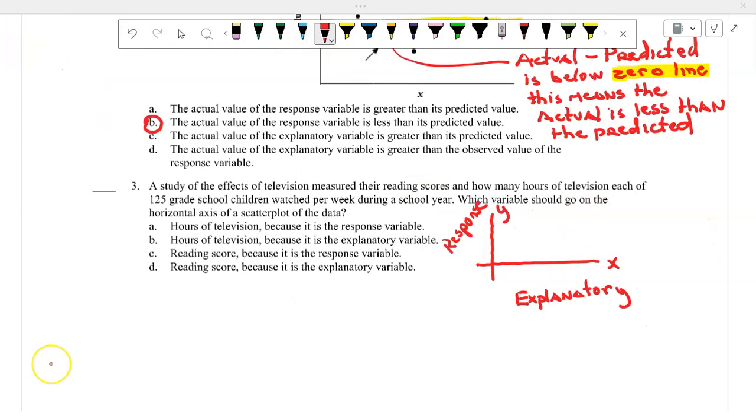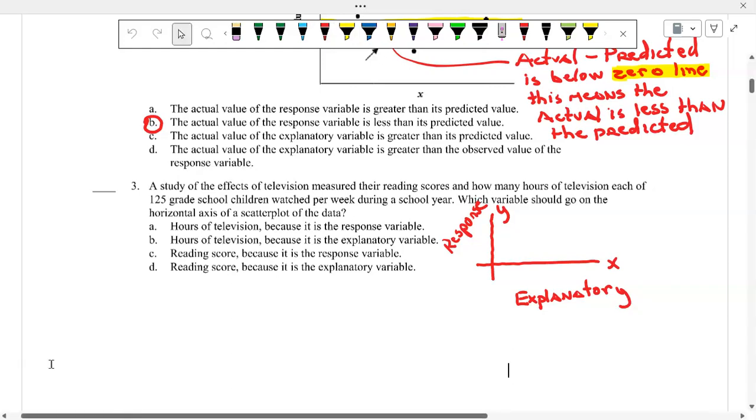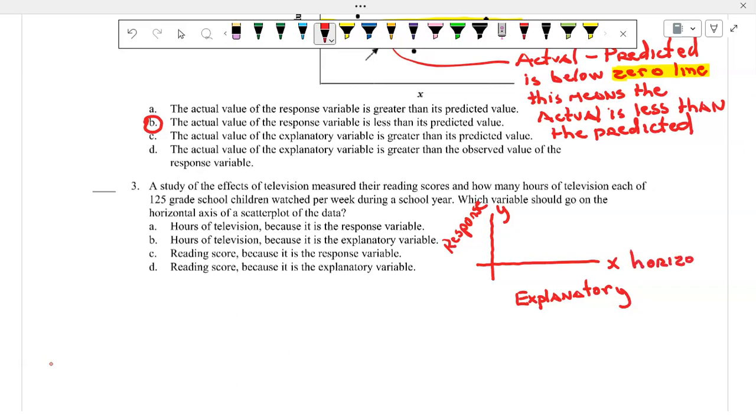B. A study of the effects of television measured their reading scores and how many hours of TV each of the 125 grade school children watched per week during the school year. Which variable should go on the horizontal? So the horizontal, okay, that's your x-axis. That's where you put your explanatory variable.